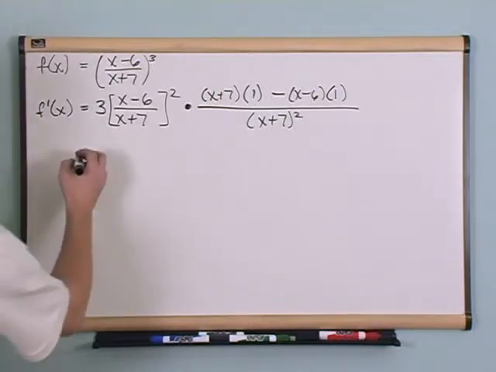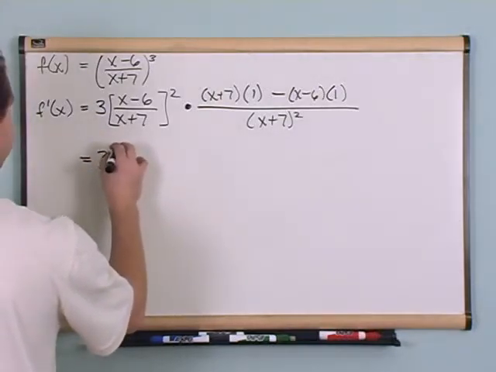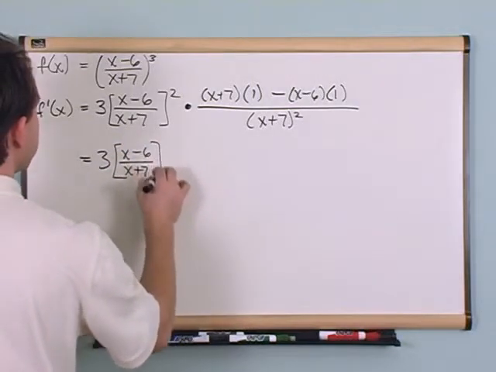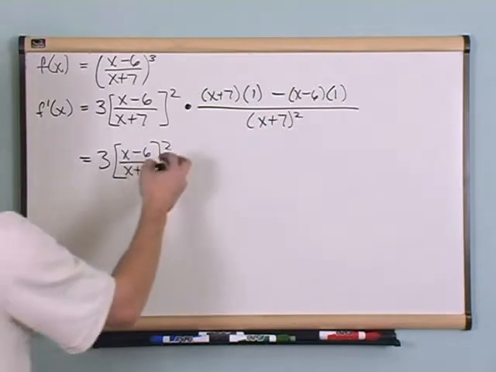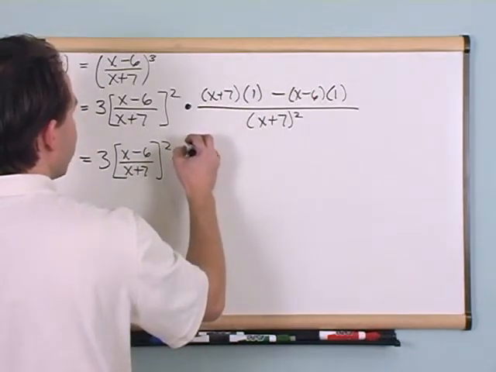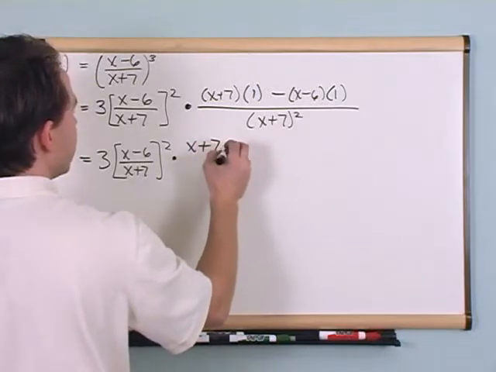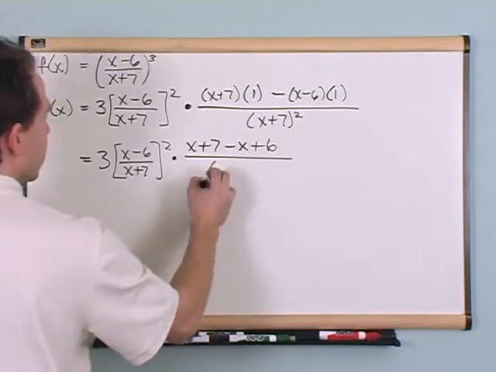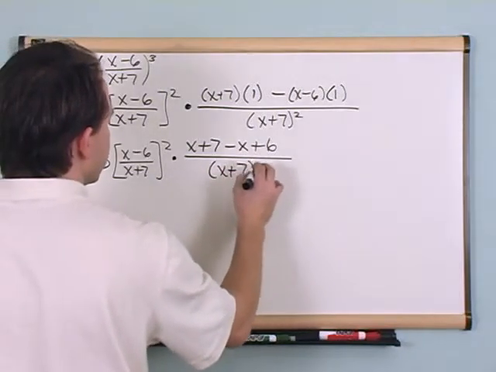Okay, so in order to simplify this more, let's just write it explicitly. x minus 6 over x plus 7. I've done nothing here but rewrite it. And then over here, let's go ahead and expand all this stuff out. On the top, you'll have x plus 7 minus x plus 6, over x plus 7 squared.